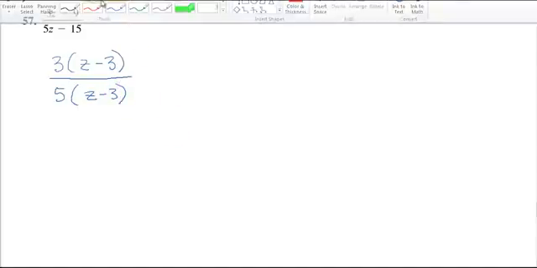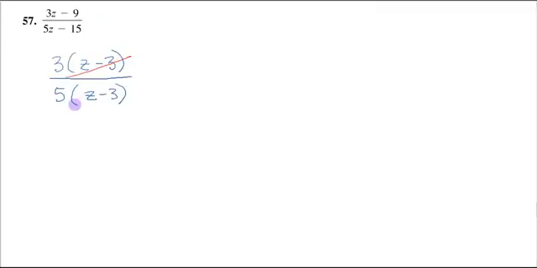Okay, now it's really easy to see that common factor of z minus 3. This simplifies as 3/5. But you cannot cancel by canceling those z's. You can only cancel things that are being multiplied. This is 3 times all of that and 5 times all of that. So we're going to cancel those factors.